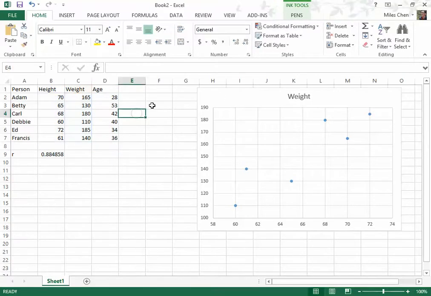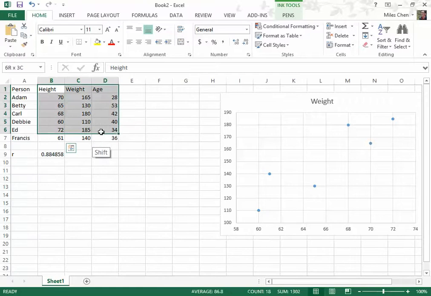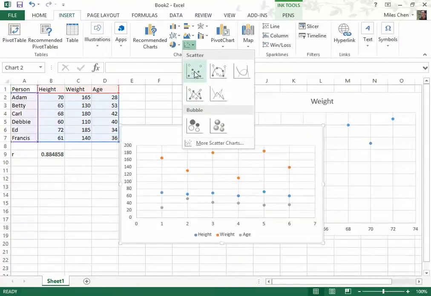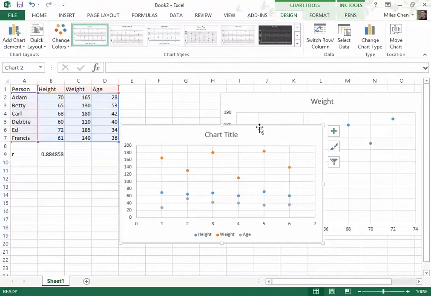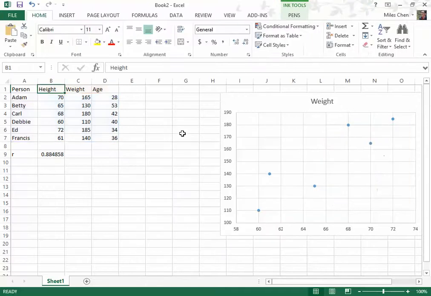So let's create a scatter plot here. Okay? I'm going to just move this one over here. I want to make a scatter plot between height and weight. Okay? And so it's going to get, wait, can I do this? Let's see. We want to insert a scatter plot. This is going to get angry here. You know what?